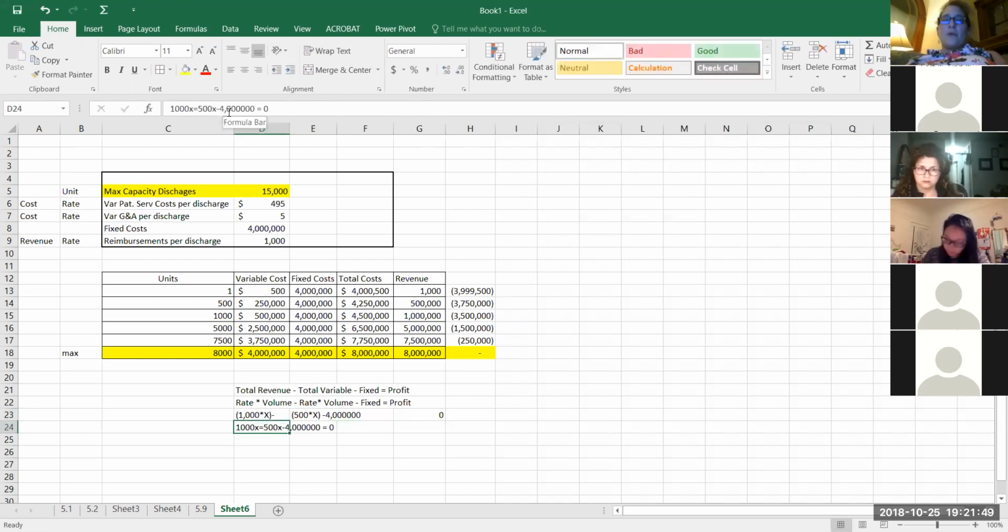That's our problem. So what we could do is move some of these over to the other side. It's basically going to be 4 million equals 1,000x minus 500x.